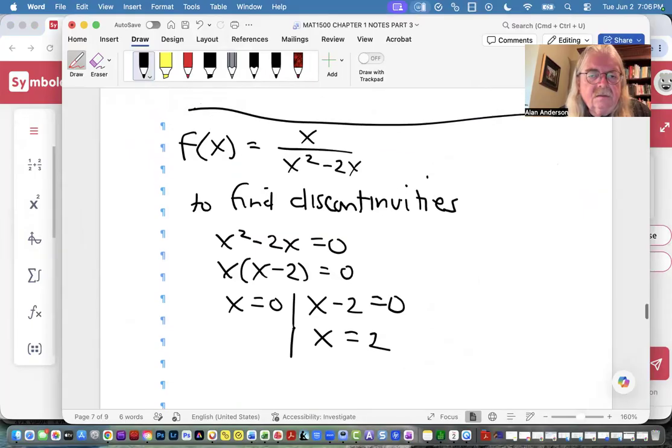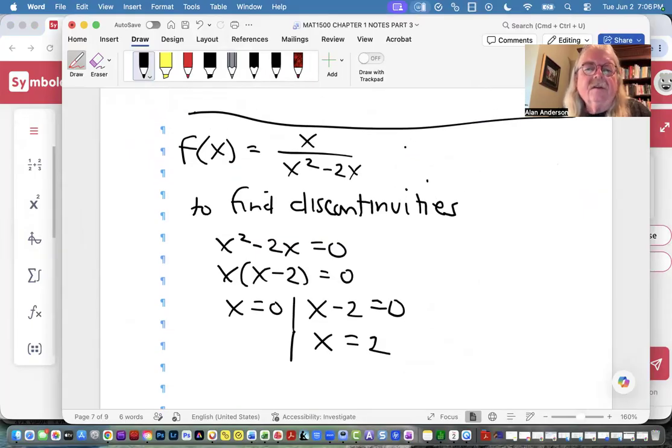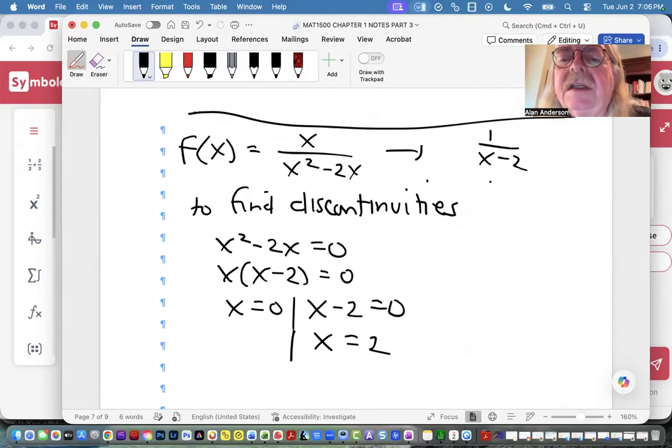Also, if you look at this carefully, you'll see that this one can be reduced to 1 over x minus 2 algebraically. So you can see that we can't allow x to equal 2 under any circumstances, but x can equal 0.